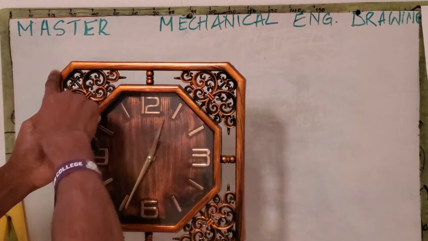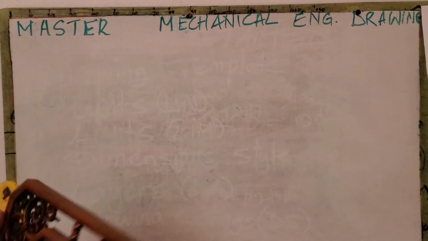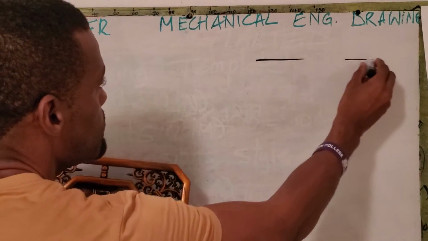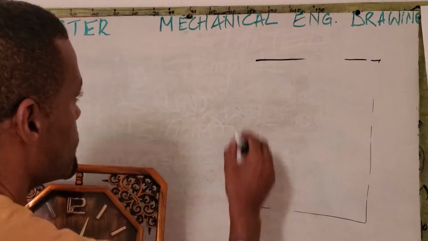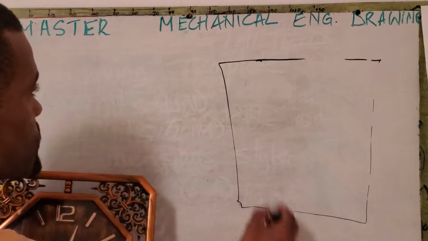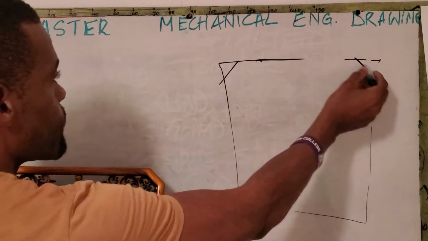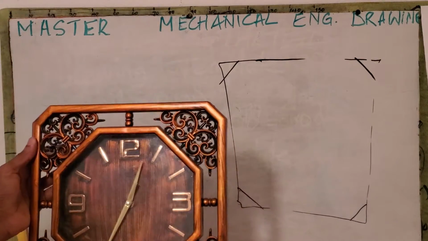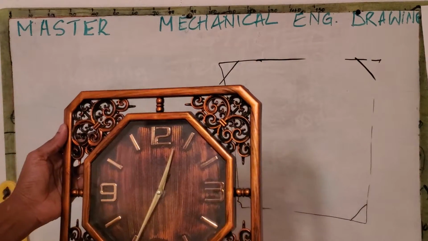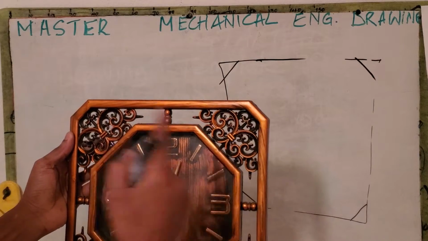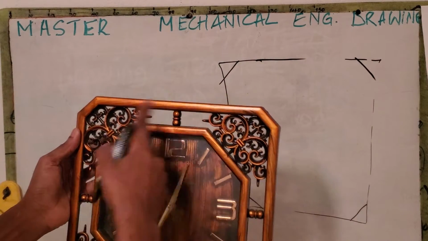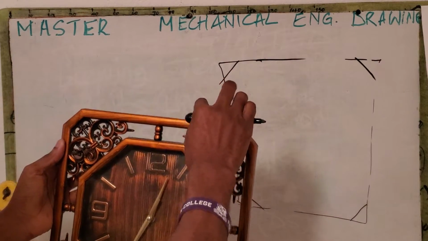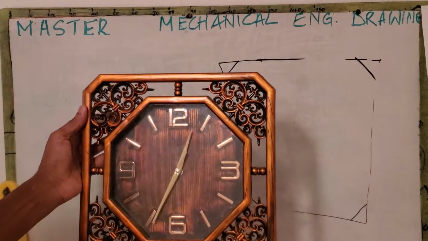From the outside, the first thing would be to sketch this square with chamfer edges. That's the first one. Next, looking here, we see a regular octagon. Of course, this has a thickness which we can focus on a bit later.